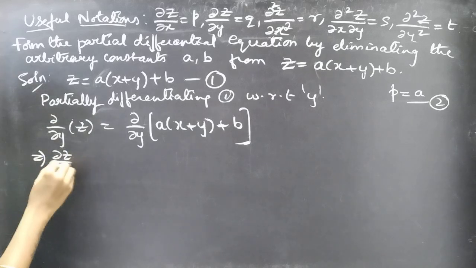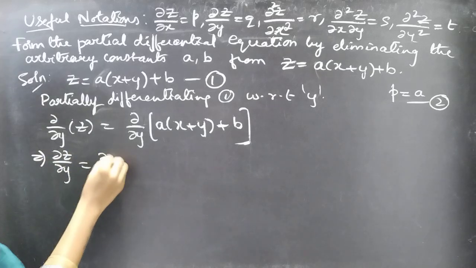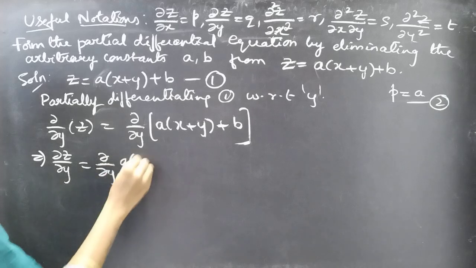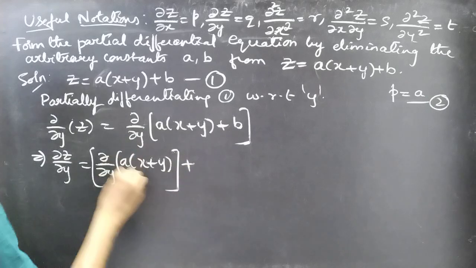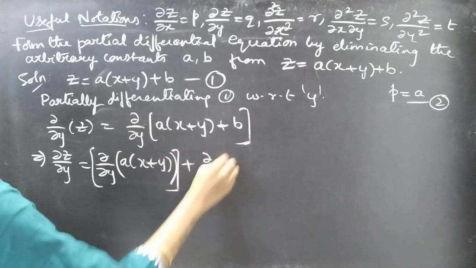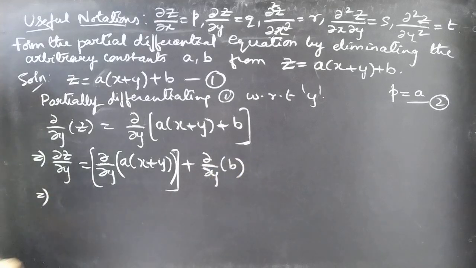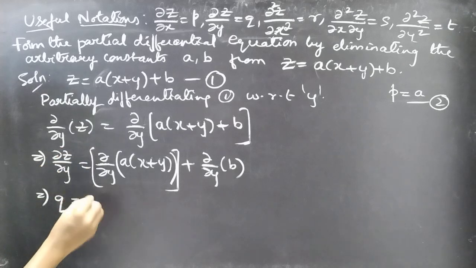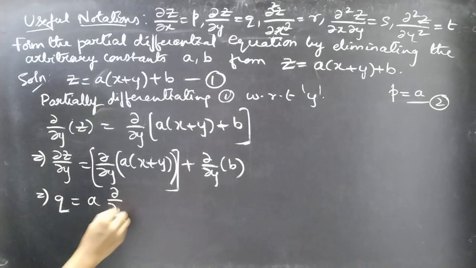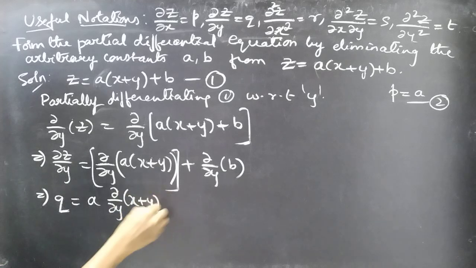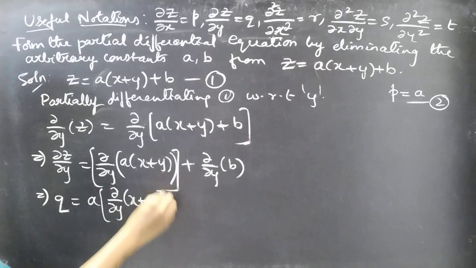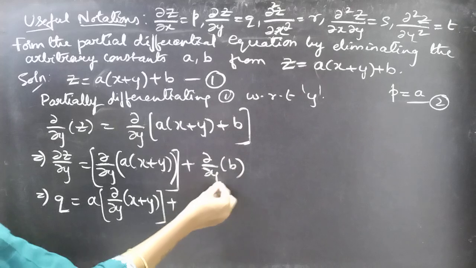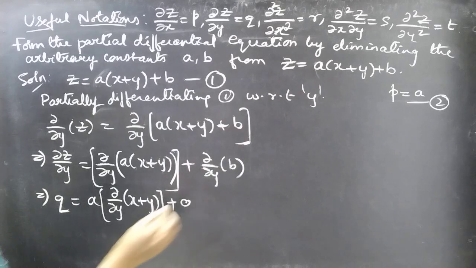This gives us dou z by dou y equal to dou by dou y of the first term, a times x plus y, plus partial derivative of the second term. We have a notation dou z by dou y equal to q, so just replace it with q. You'll get q equal to constant a into partial derivative of x plus y, because here we have y, so you'll take x plus y, plus partial derivative of a constant b with respect to y is 0.